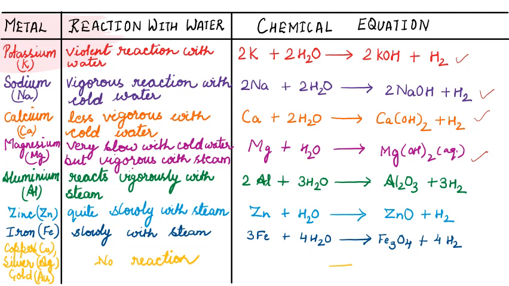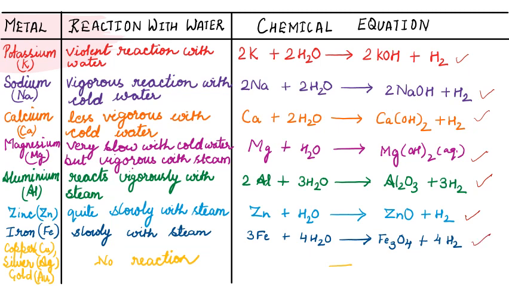Then aluminium, it reacts vigorously with steam and forms aluminium oxide, Al2O3. Then zinc, it is quite slow and it reacts with steam very slowly and forms zinc oxide. Then iron, iron reacts with steam to form iron oxide.